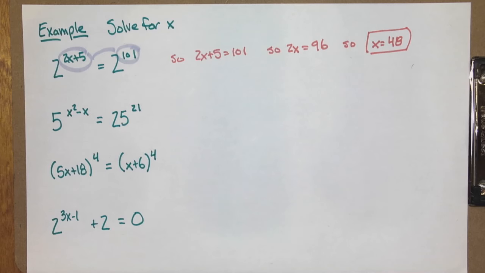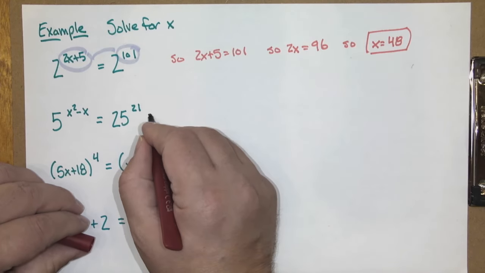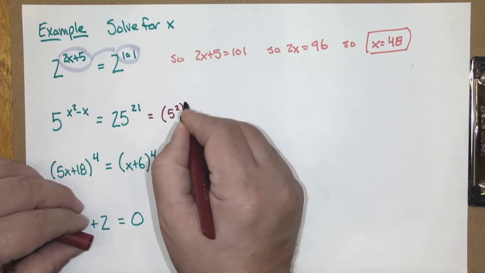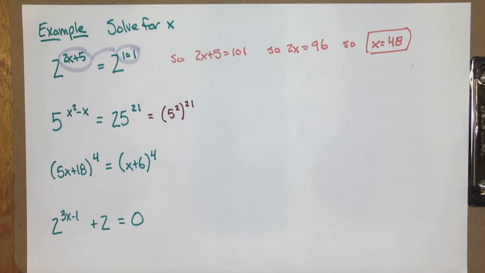Okay, well, maybe that'll help us. So we are allowed to rewrite things, so that we can write this as 5 squared to the 21. Is there another way to write 5 squared, all of that to the power of 21?